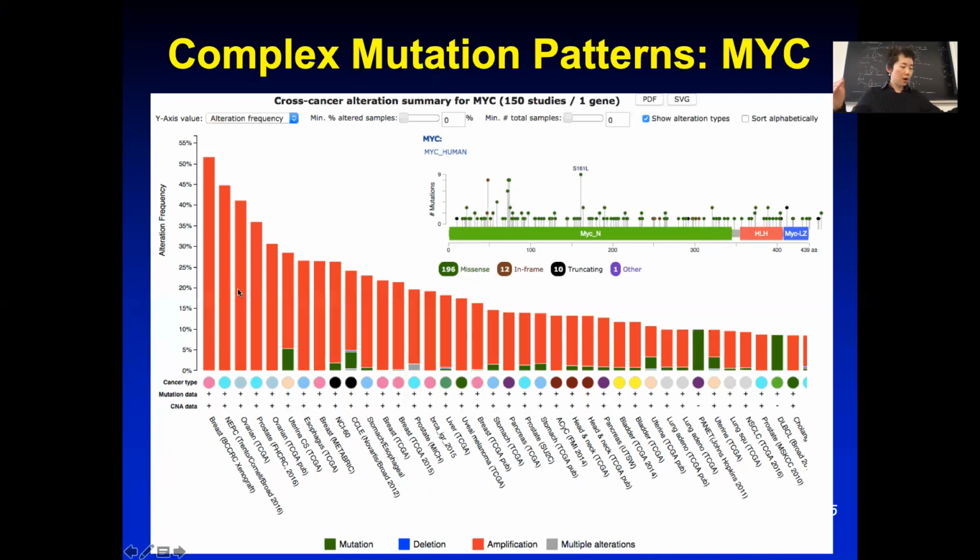You see a whole DNA copy number amplification and higher gene expression. Can you guess whether this is an oncogene or a tumor suppressor? It's an oncogene, yeah. Because it's like a gas pedal. When you have a gain of the copy number and higher gene expression, they drive cancer growth, okay?